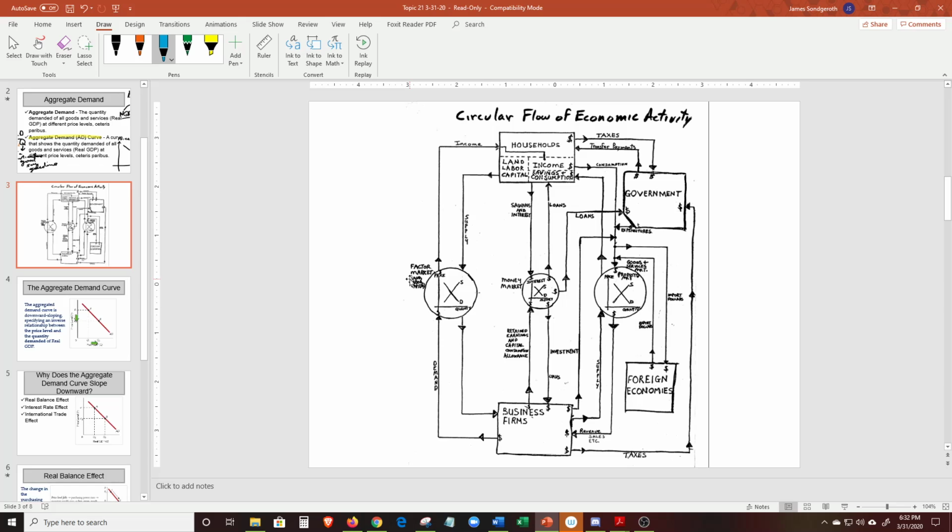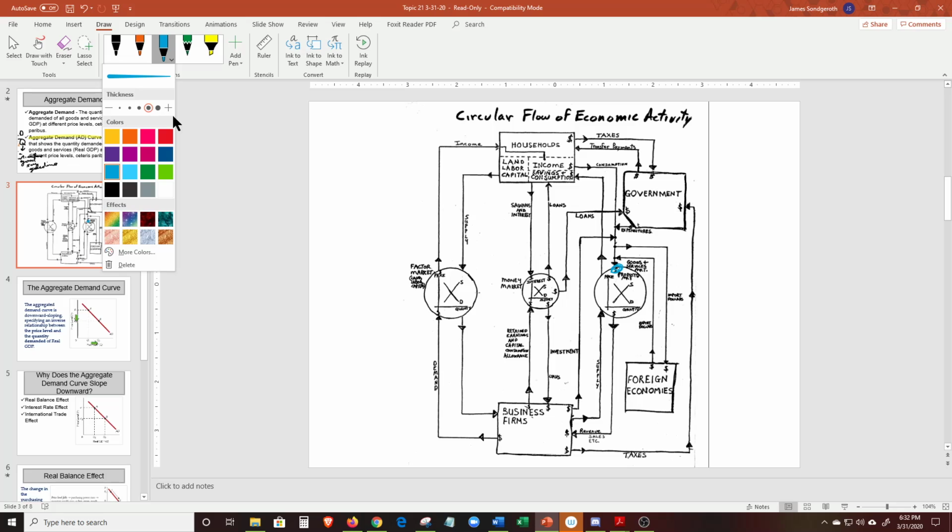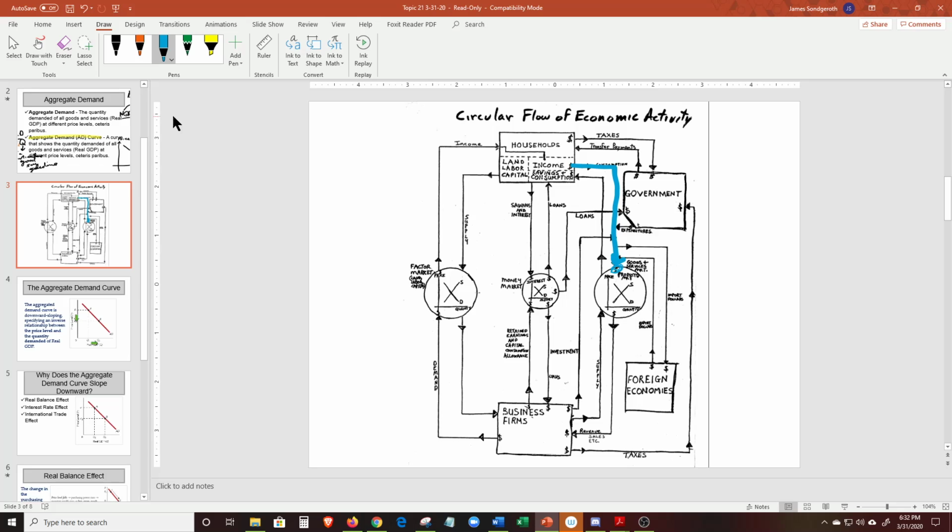And I put the circular flow in here just to remind you that aggregate demand is this whole amount of money coming into this market. And I think I will increase the tip size here again, right there. And so you have consumption spending flowing from households into the market.